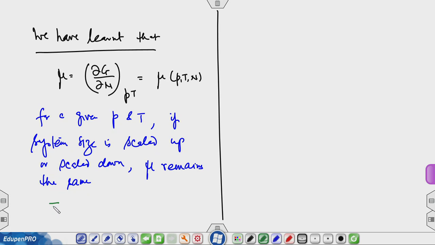And therefore, G is mu N, or mu is equal to G by N, which is the Gibbs energy per particle.